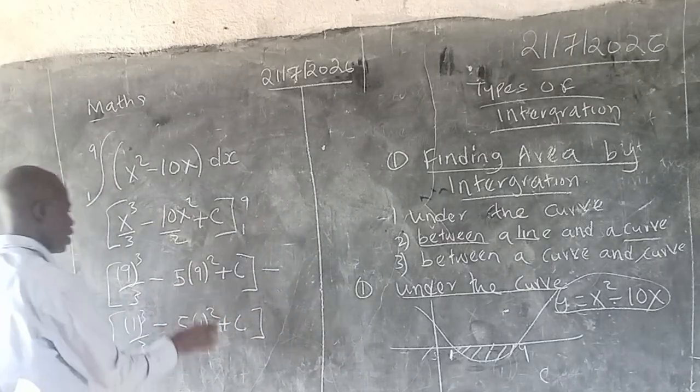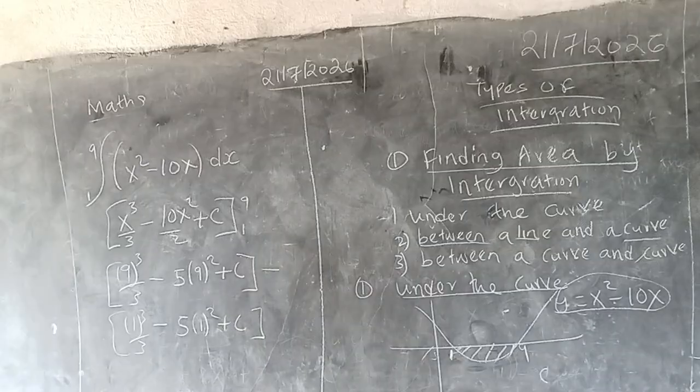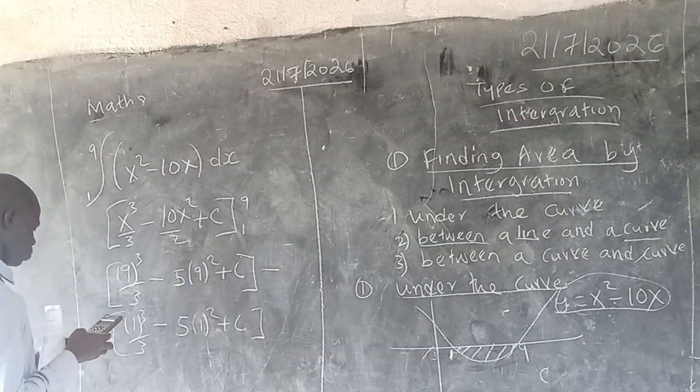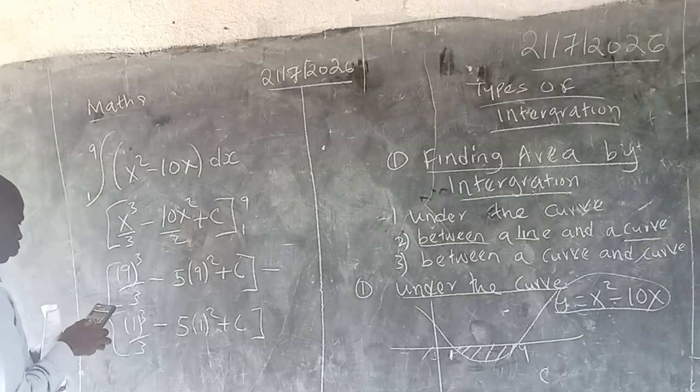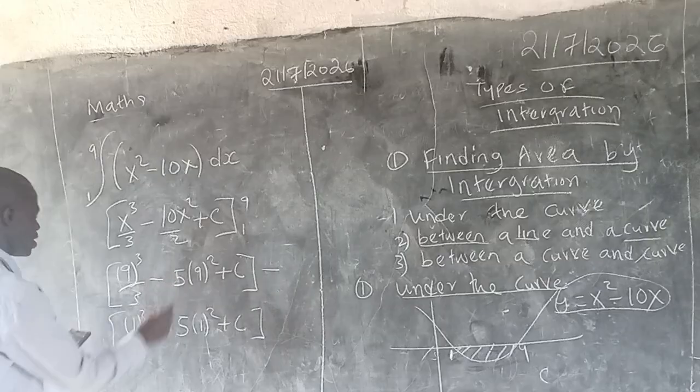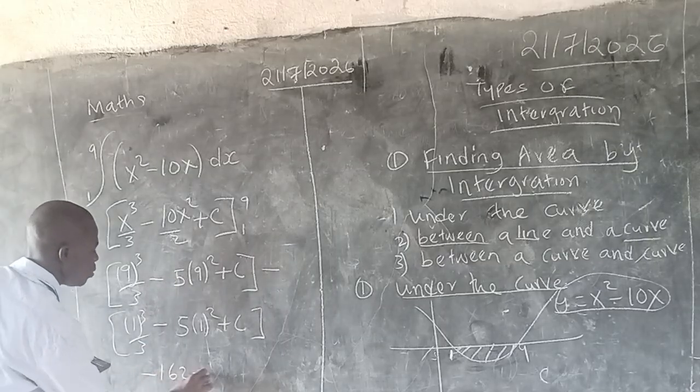So we calculate this one, then we subtract this one. Now students, let us punch on our calculators. We have 9 raised to 3, divide by 3, then minus 5 into 9 squared. So here we get negative 162 plus c.